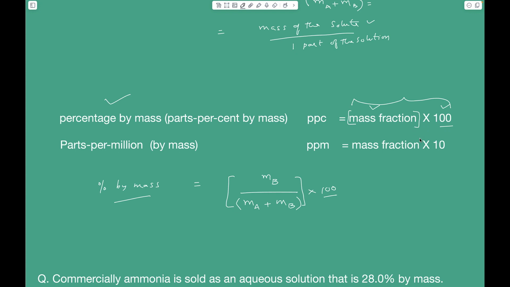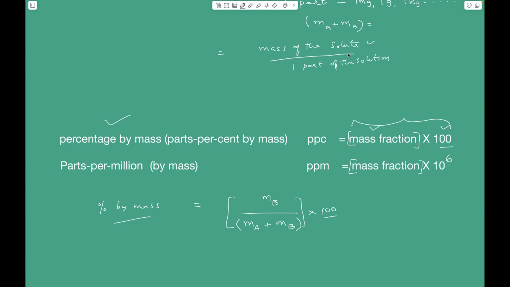Similarly, if you multiply mass fraction with a million, that is 10 to the power of 6, you would get parts per million. That is the mass of the solute in million parts of the solution. We use this ppm or parts per million in those cases where the amount of solute is very small compared to the amount of the solution.